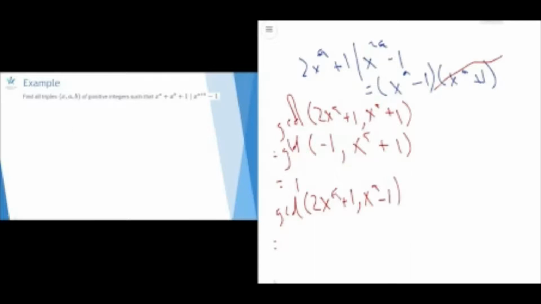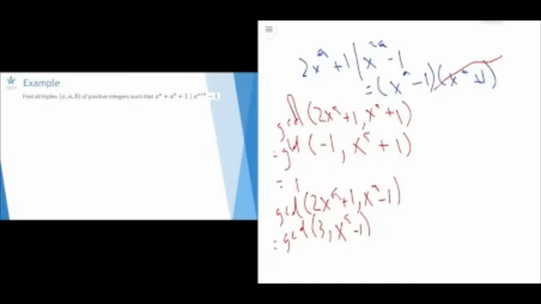So once again, let's subtract it twice, the right from the left. So GCD of 3 and x to the a minus 1.